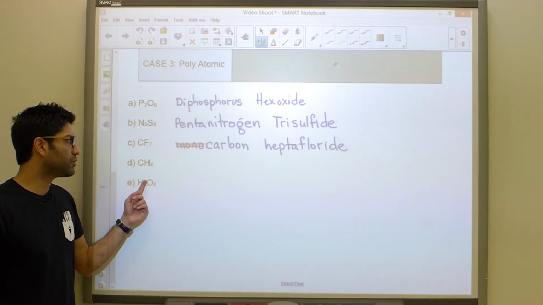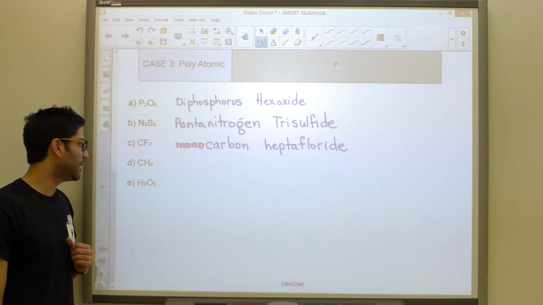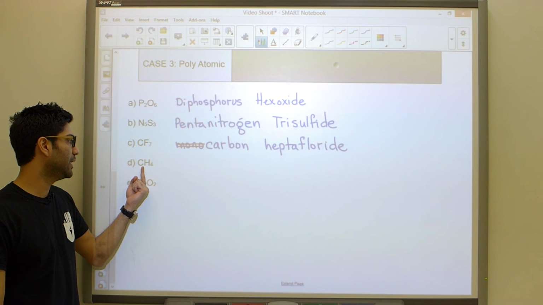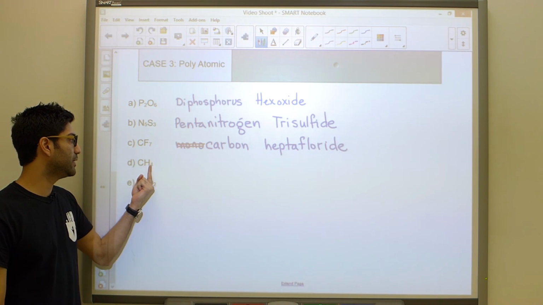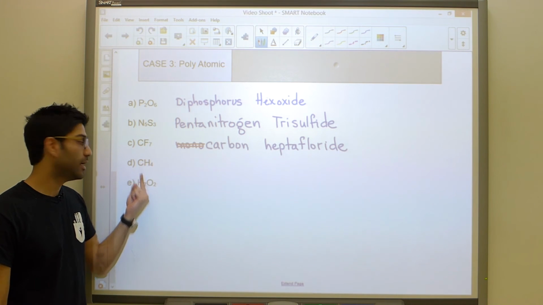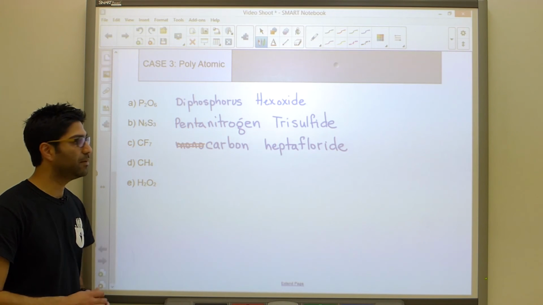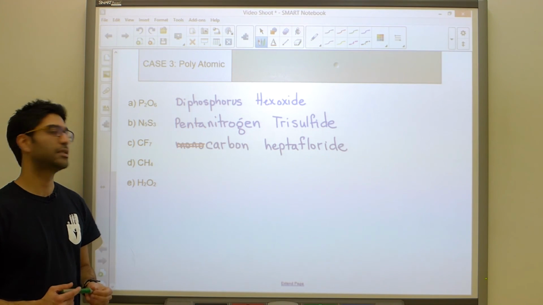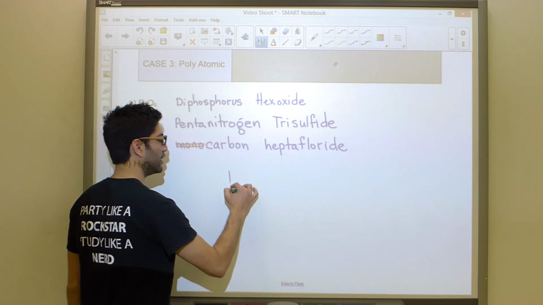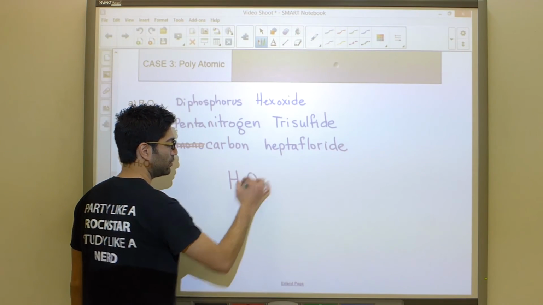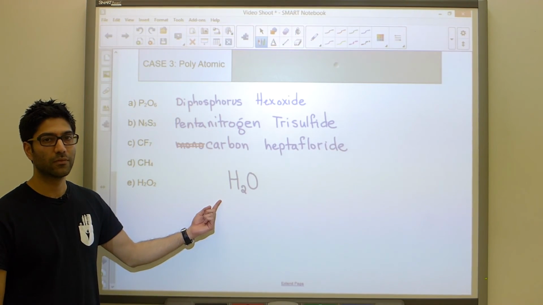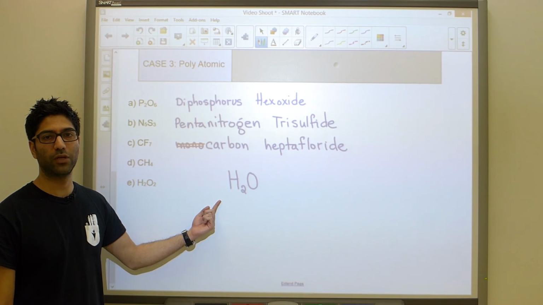Now if we continue this trend over here and over here, for example, this would be monocarbon tetrahydride, dihydrogen dioxide. These would be marked incorrect, simply because there are certain molecules like H2O that are special enough to have their own name.